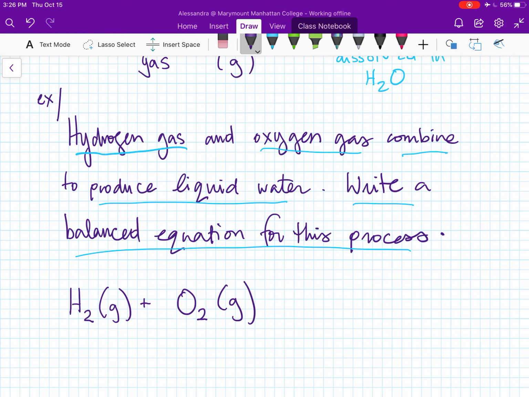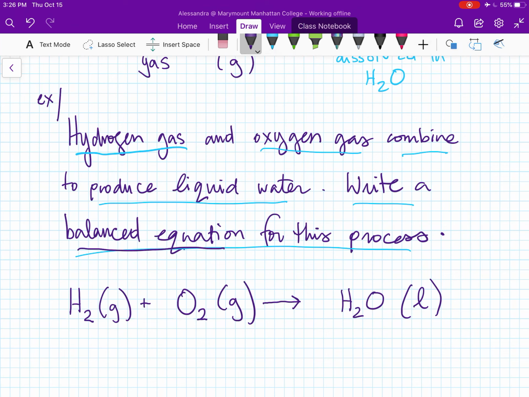So you should write their formulas as H2 and O2. They each get a little lowercase g because we were told that they're gases. They combine to produce liquid water. That "produce" is code for an arrow. So we know we have water, H2O, and it's a liquid, so I'm giving it an l.